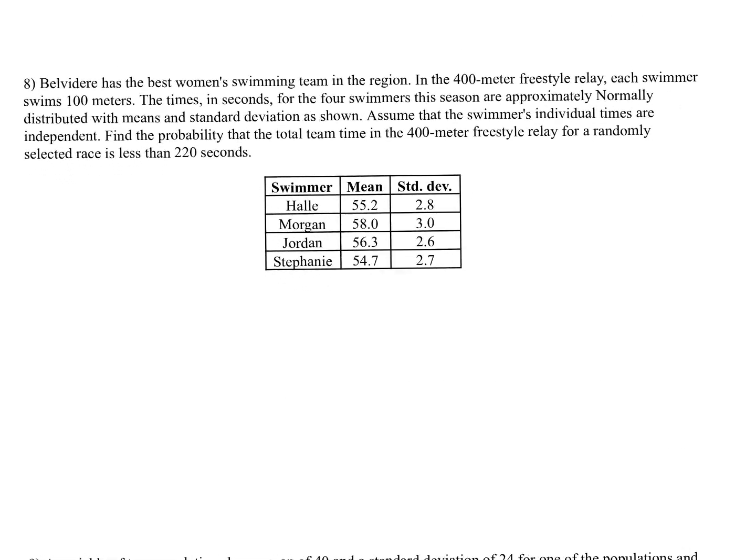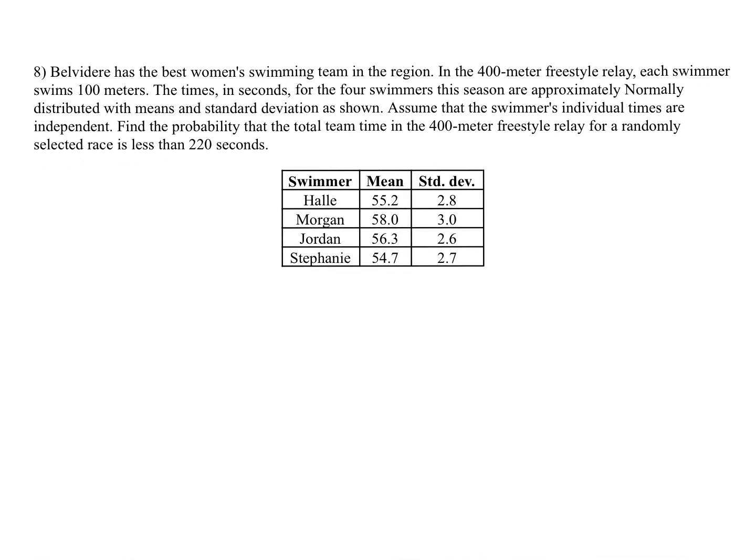Next one is going to be slightly different. This is more like the end of section 1, where we were looking at multiple distributions and combining them. So we have a women's swim team, and we have times for the 400-meter freestyle relay, where they swim 100 meters, and we have the times in seconds for the 4 swimmers, and they're approximately normal with the means and standard deviations.